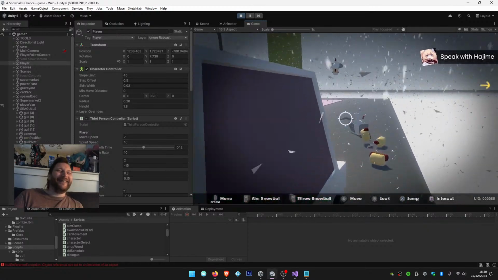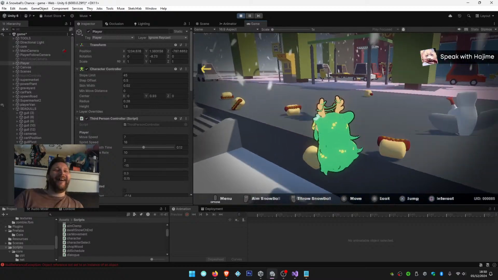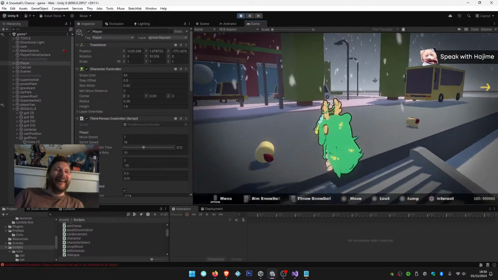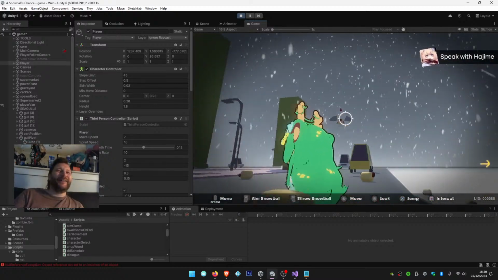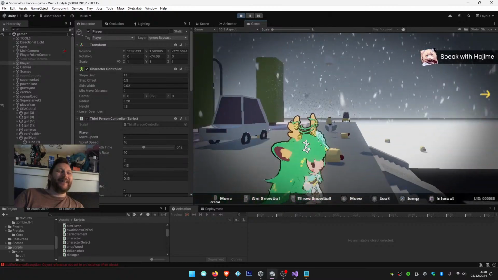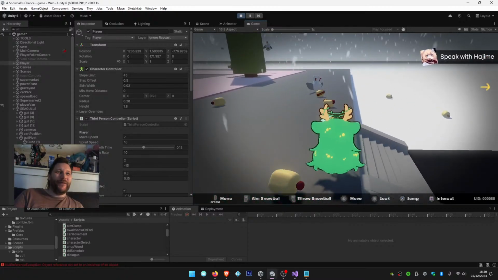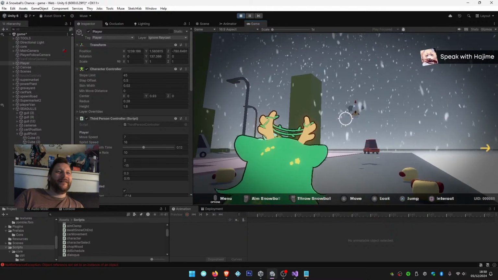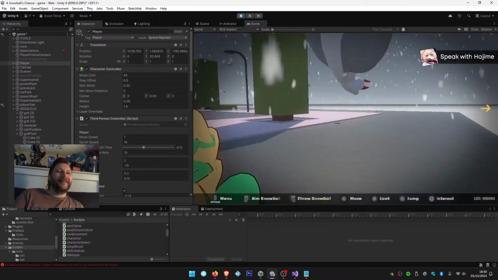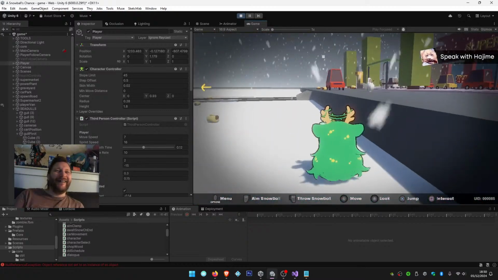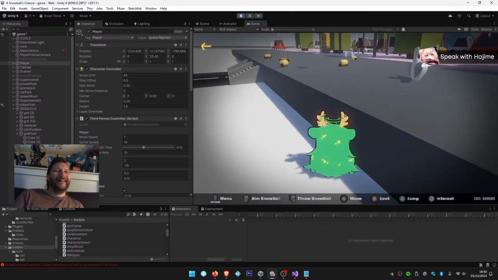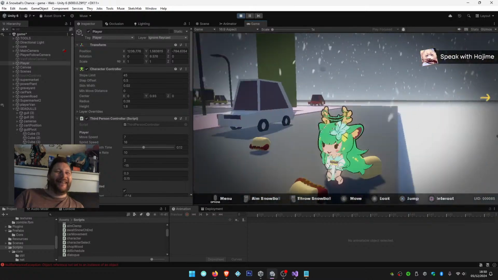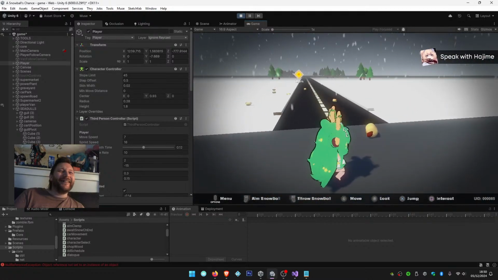This is so great. The car pushed me. I knew this would be great. I knew this would be great. Oh, this is so good. No, I think this is fine actually. This is fine. This is hot dogs everywhere. It's great. Look at the hot dogs.